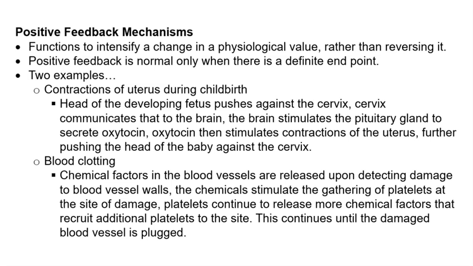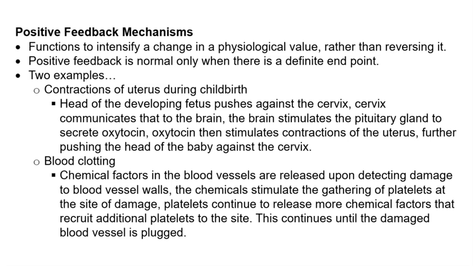Platelets, once they are activated and at that site of damage, will release chemical factors that recruit additional platelets to that site, and that feedback mechanism will continue until there's enough platelets gathered at the site of damage to essentially block or plug up that damaged blood vessel with a platelet plug.